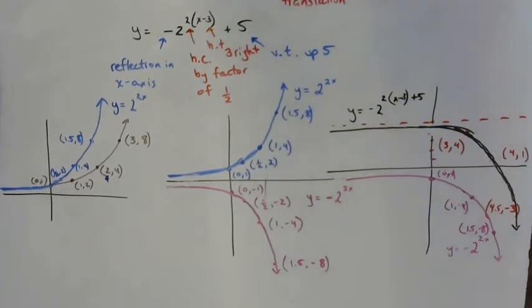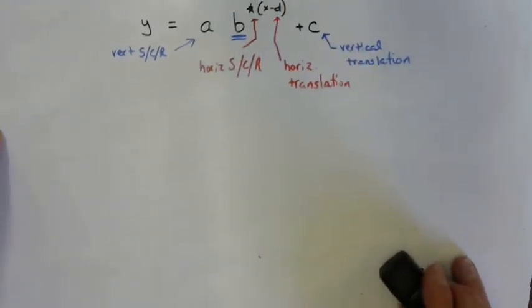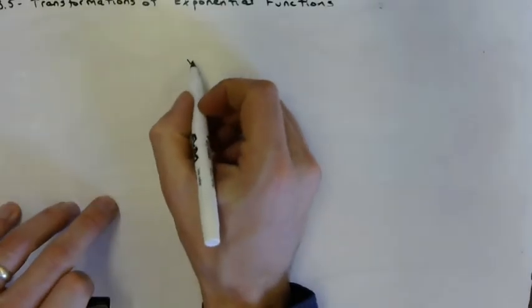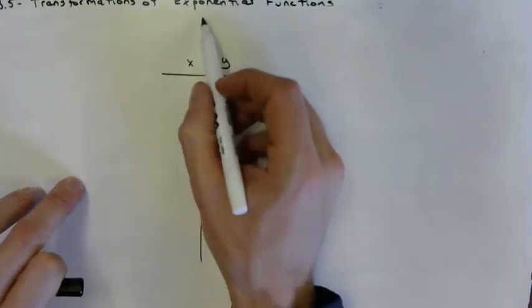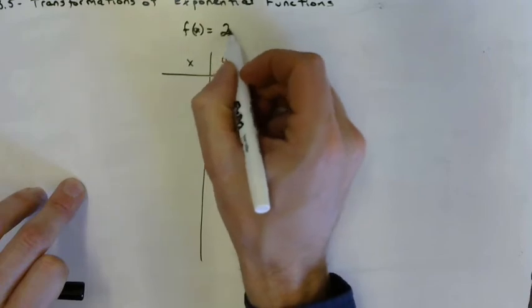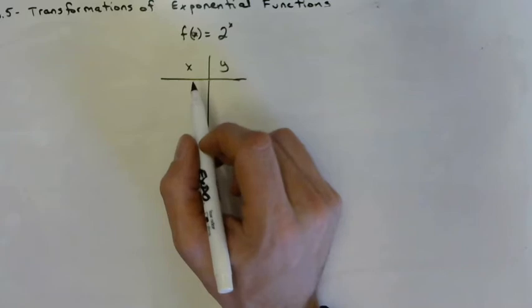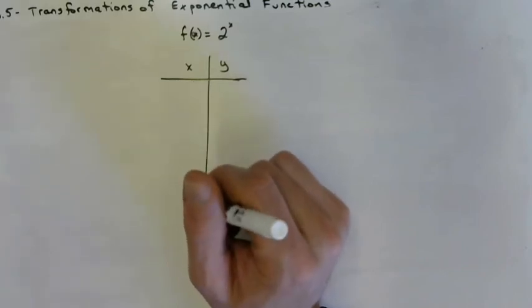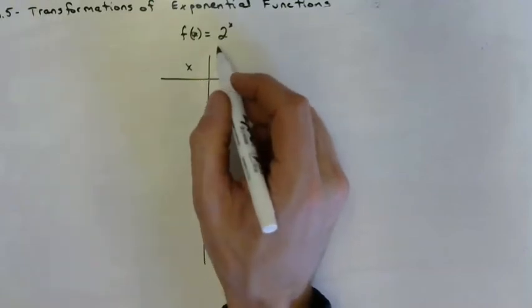Nice. Okay, I'm also going to do an extended table of values and see where we end up. I erased my work, but that's okay. So we've got x, y, and it's an exponential function, and we're starting with f of x equals 2 to the power of x. When I'm doing this, I want to take some x's and y's that will be helpful. I'm going to take negative values and positive values.